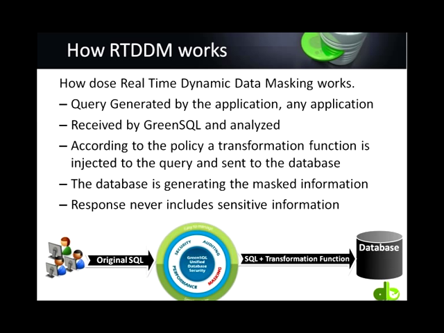Because if your sensitive information has left the database, then you have to rely on some type of third-party application to make the sensitive information available only masked to the application. So using real-time dynamic data masking, the sensitive information never leaves the database. So you can rest assured that it has never leaked, because the query that has been received by the database already includes a transformation function inside of it.